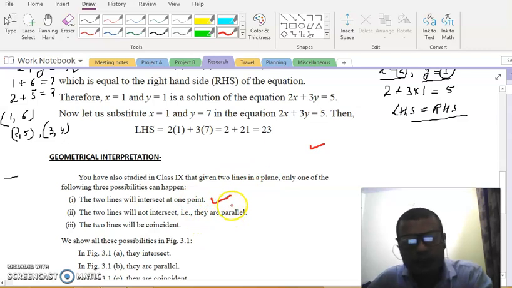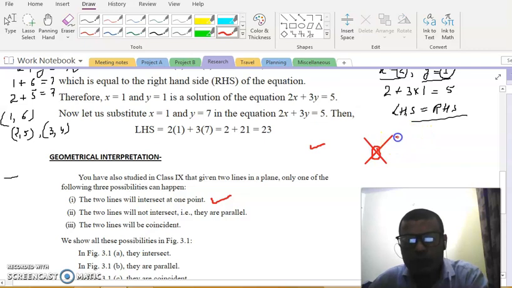Let us understand this geometrically. For the very first condition, the two lines intersect at one point. Suppose I draw two lines, this line and another line. These lines intersect each other at one point, this intersecting point.